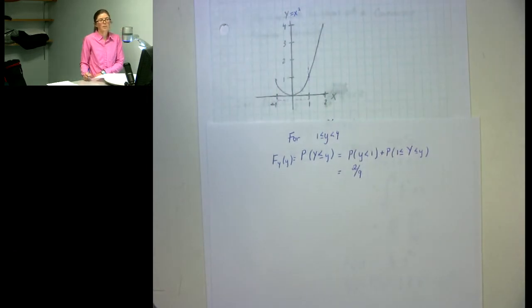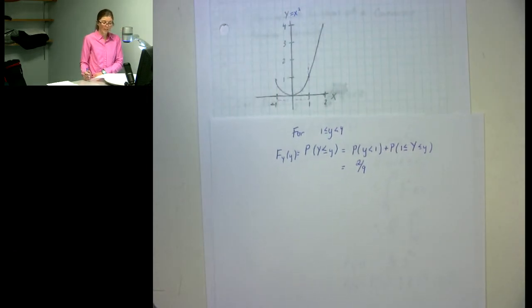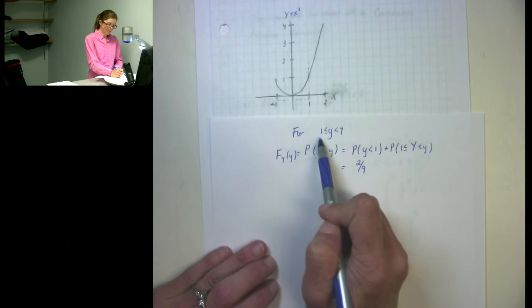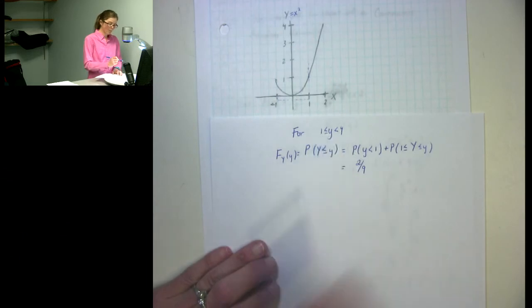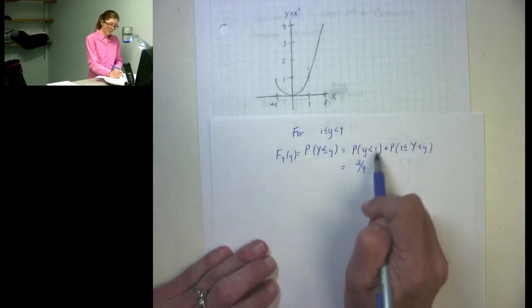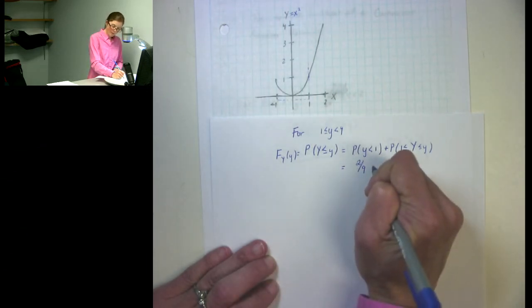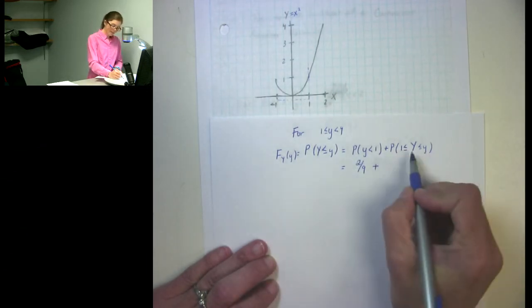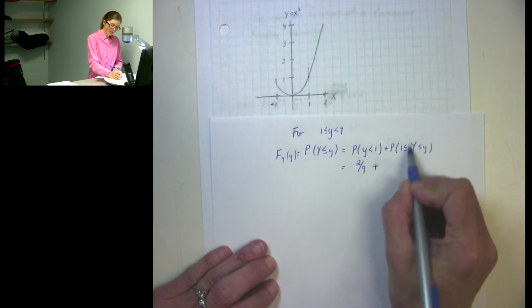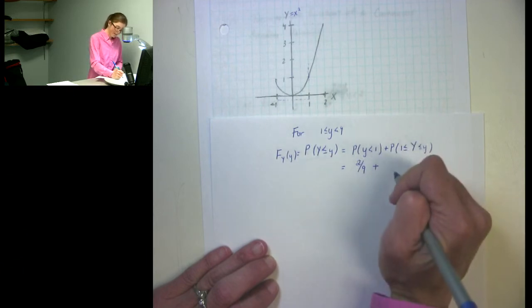I can use my cumulative distribution function that I found earlier for the range from 0 to 1 to find that the probability that Y is less than 1 is 2/9. Plus, now I'm going to substitute in my function x squared of y.